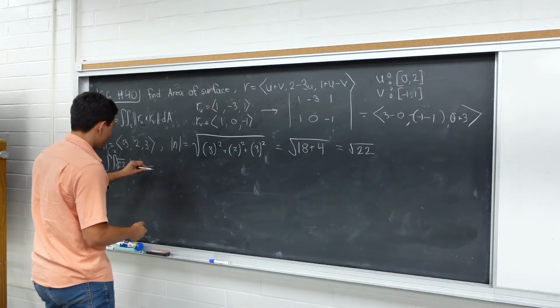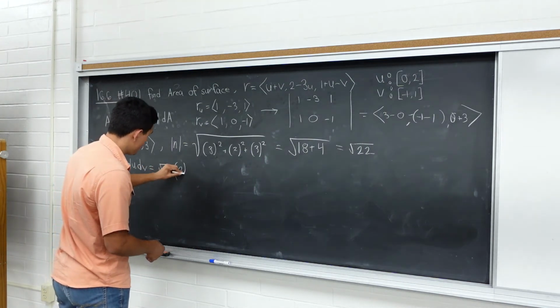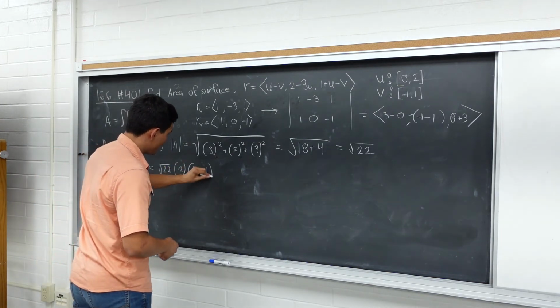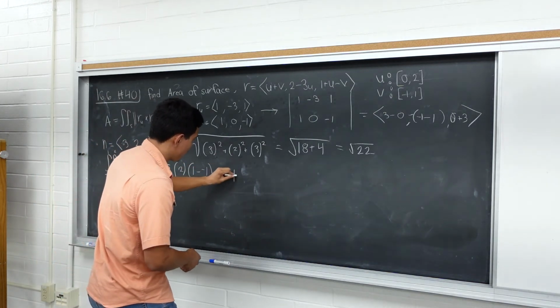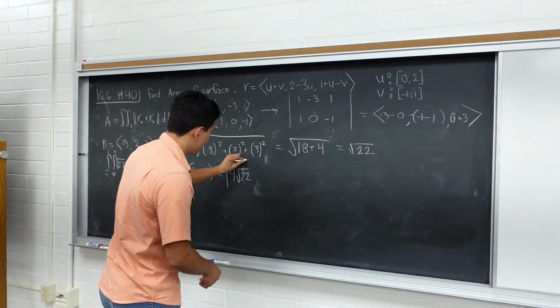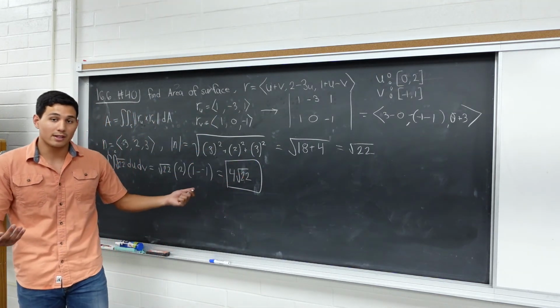And this is just the same thing as square root 22 times 2 and 1 minus negative 1, which is 4 square root 22. So this describes the area of the surface. That's it. That's all it is.